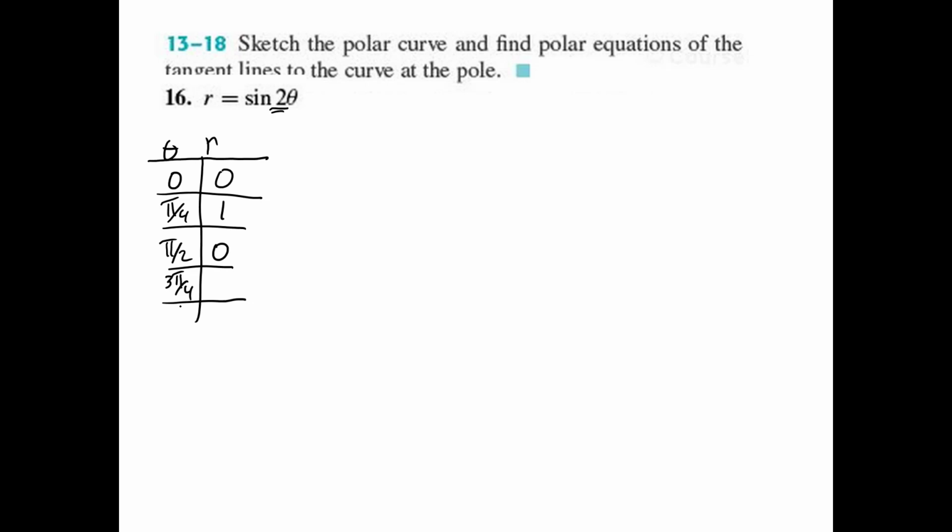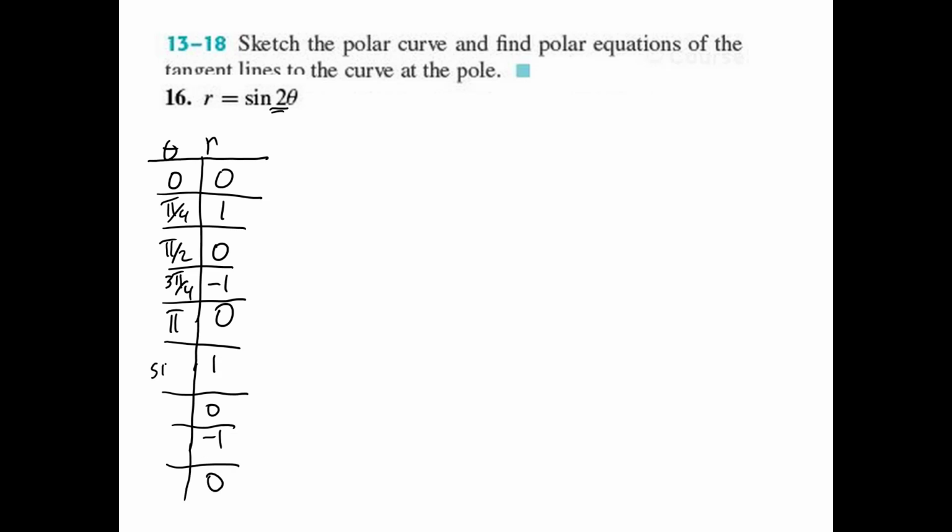And then we'll go to 3 pi over 4. And when we go to 3 pi over 4, then 2 times 3 pi over 4 will be 3 pi over 2. Sine of 3 pi over 2 will be negative 1. Okay, then we go up to pi. Sine of 2 pi is 0. You're back to where you began, and this pattern is going to continue. You're back at 0, so then you'll go to 1, then 0, then negative 1, and then back to 0.